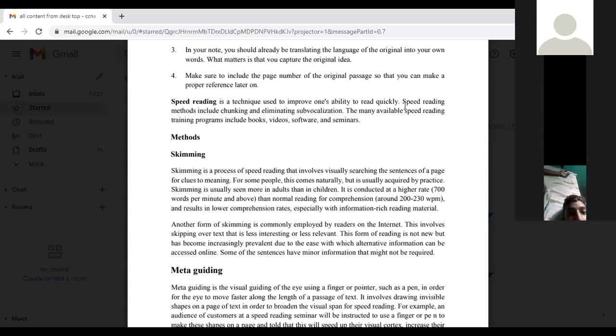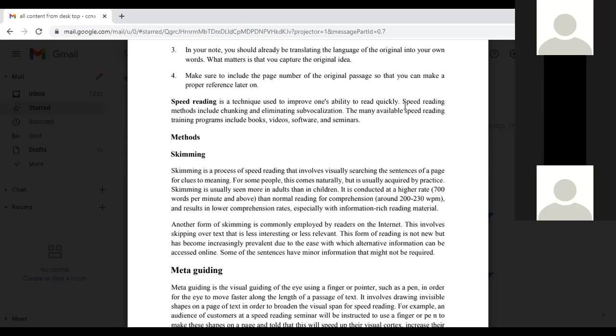We use a pencil or a pen, or a finger to guide for eye and hand coordination. So this is called meta guiding. When you use a stylus or a pen, or even a finger, like when you were very young, the teachers must have taught you to read by moving the pen or the pencil or the chalk.